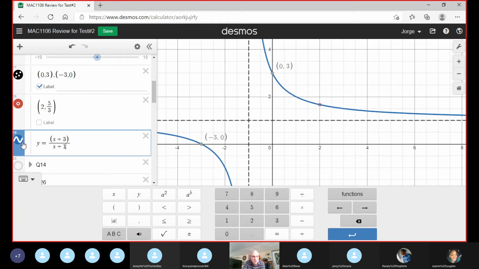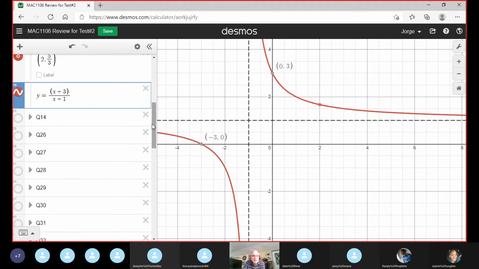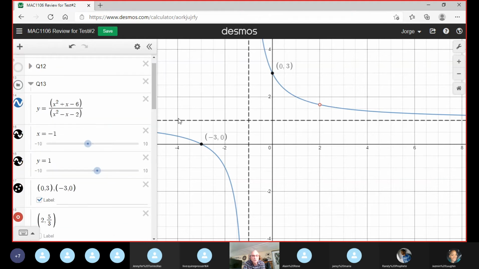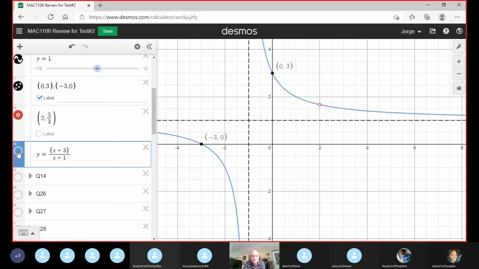To emphasize the idea, I want to change the color because blue is not good. I change to red. The red color is the graph of the simplified, and the blue color is the original. And the only difference between these is a hole. These have no hole because I delete.